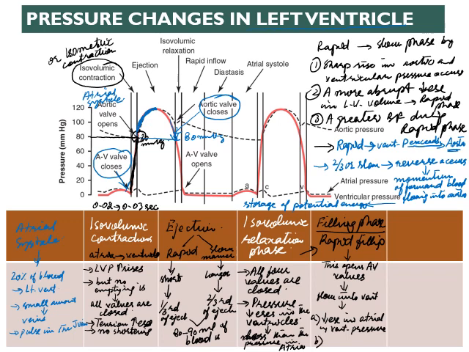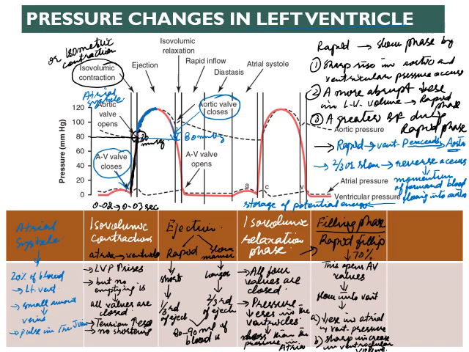Number two, sharp increase in ventricular volume. During rapid filling, a major portion of the ventricles is filled with blood, and almost this amount is 70%.